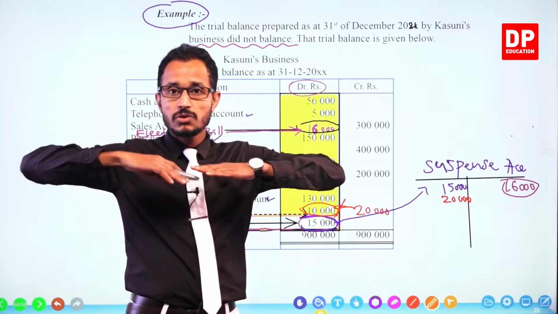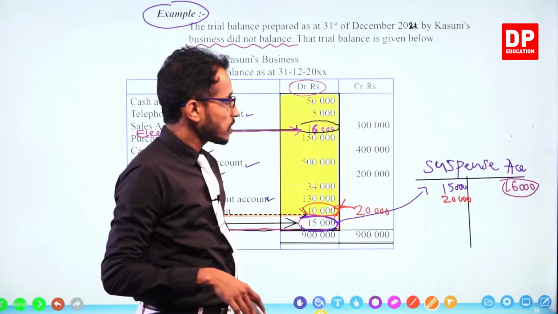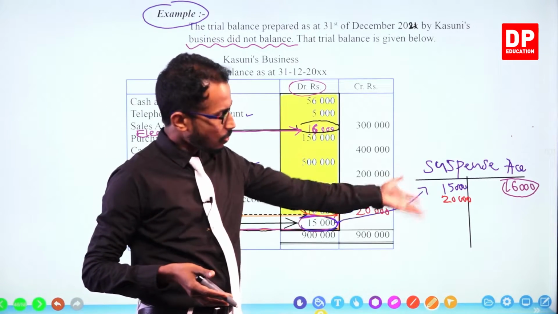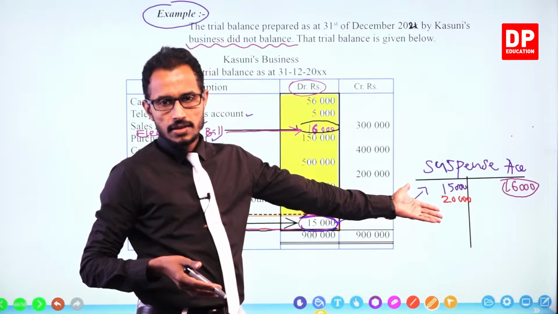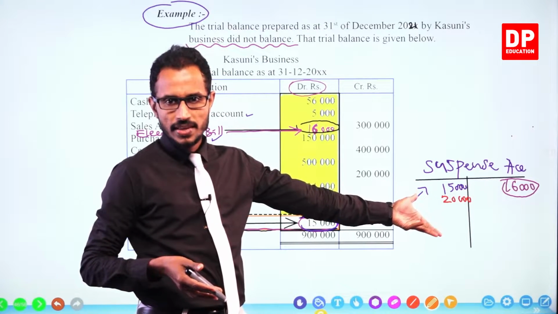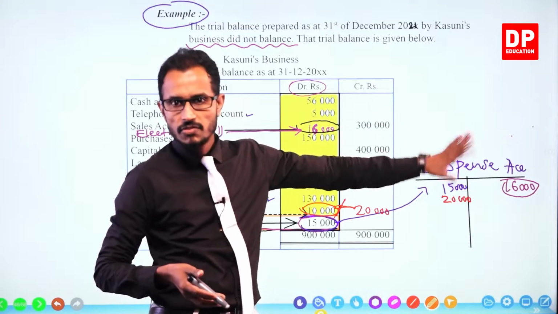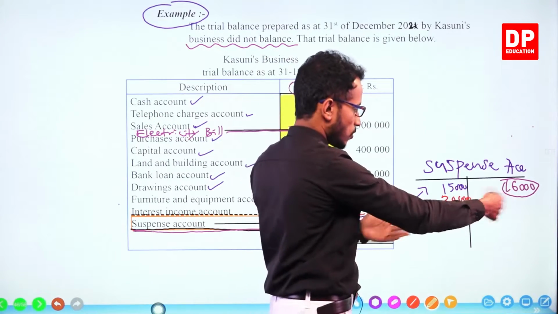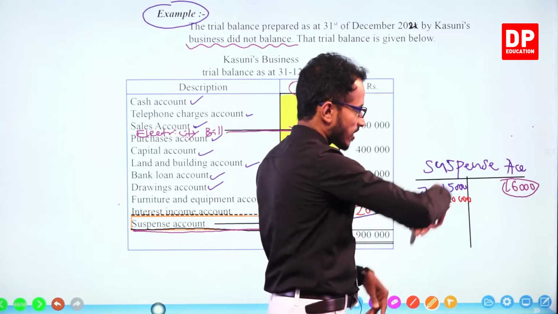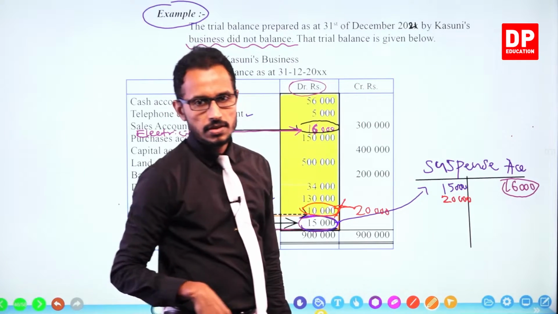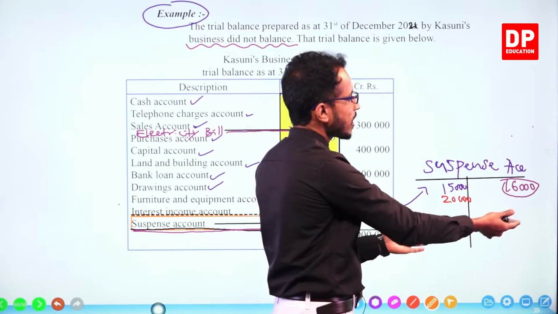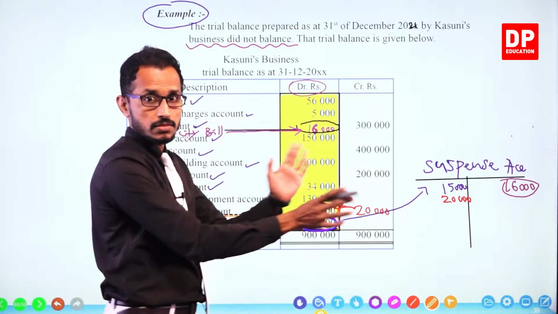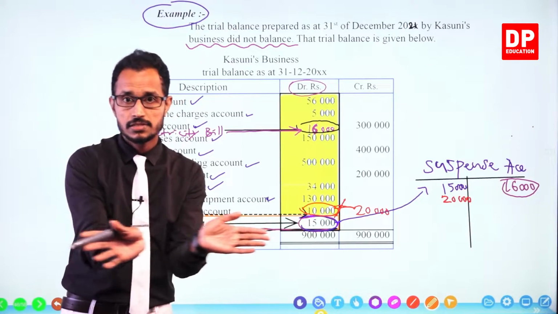Don't worry, there are other errors. When we enter all of them into the suspense account, it will be flushed off. Flushed off means both sides will be equal and we can cut it off, like an account getting balanced.